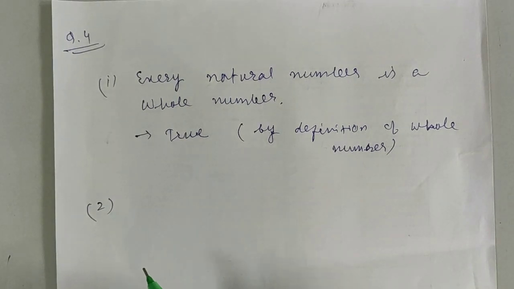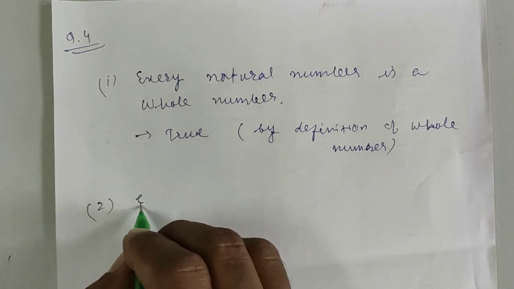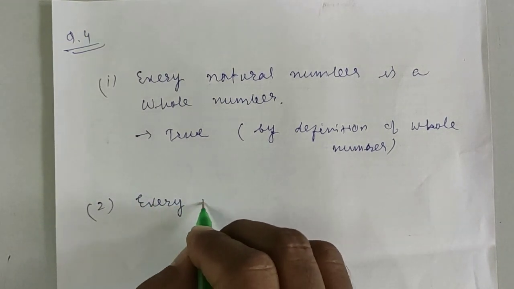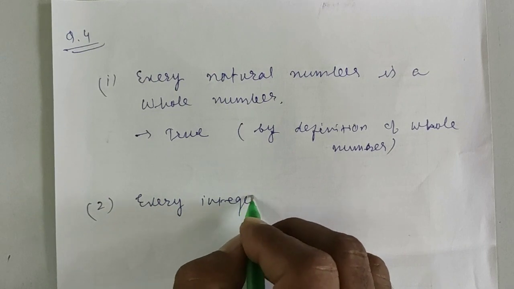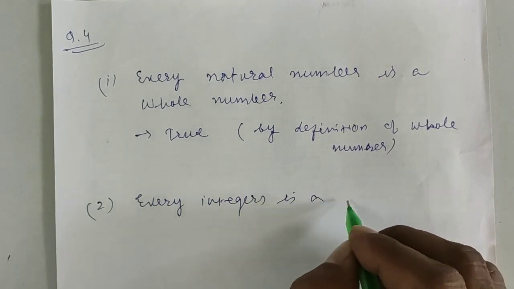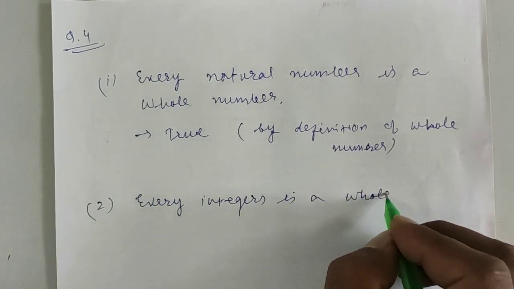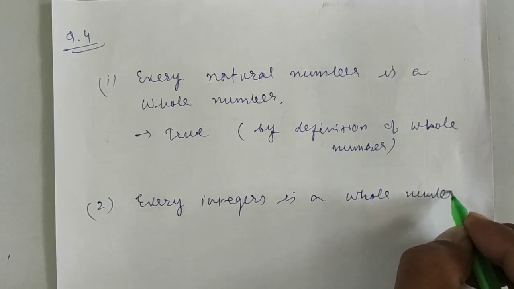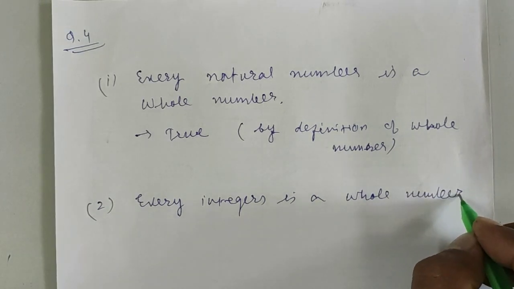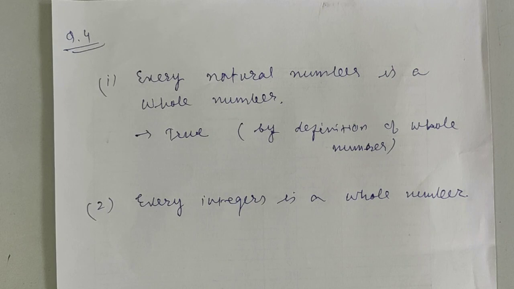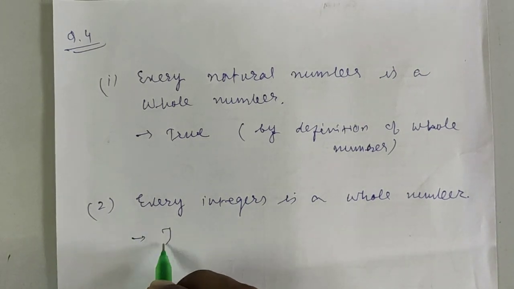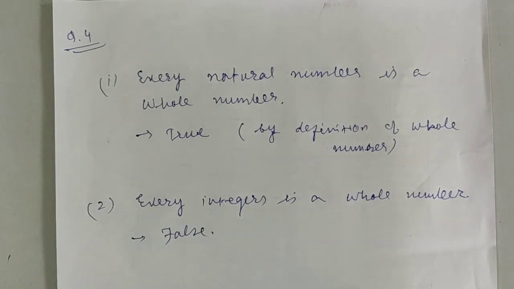Second statement, every integer is a whole number. This statement is false, right?